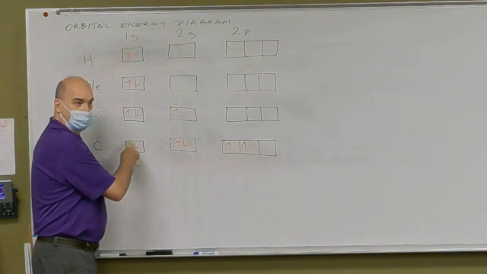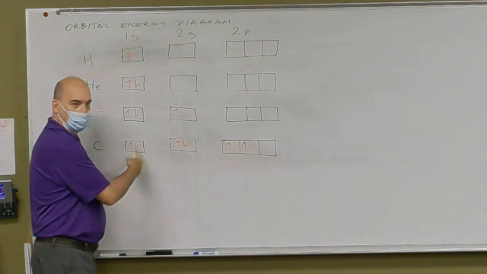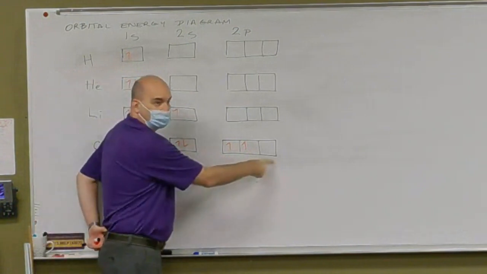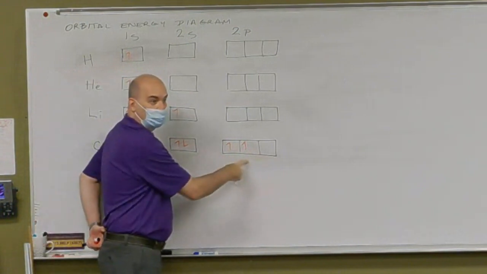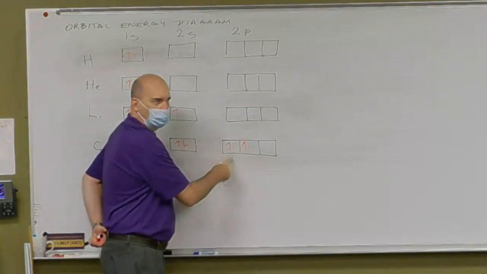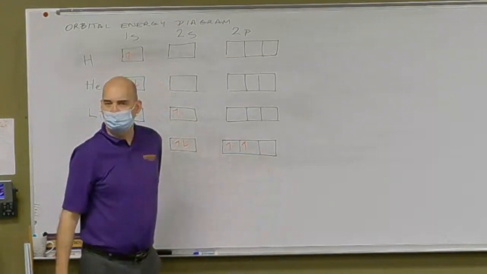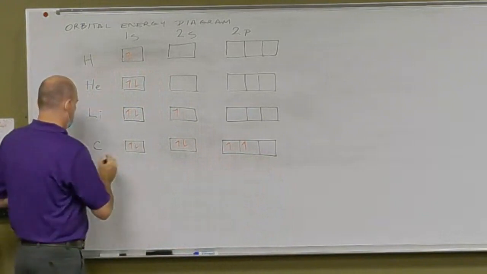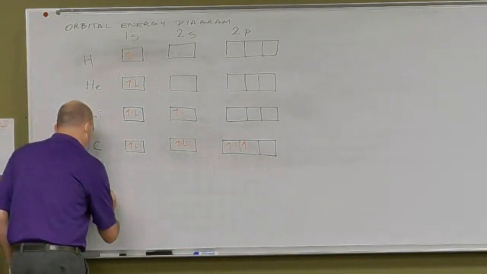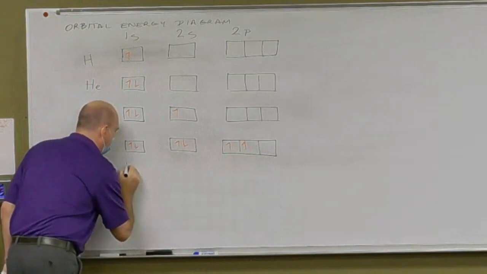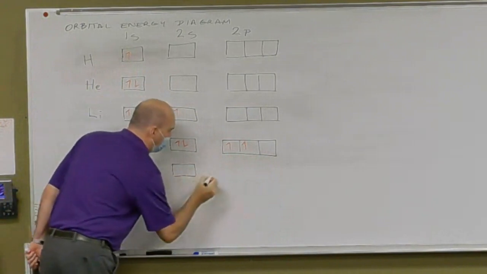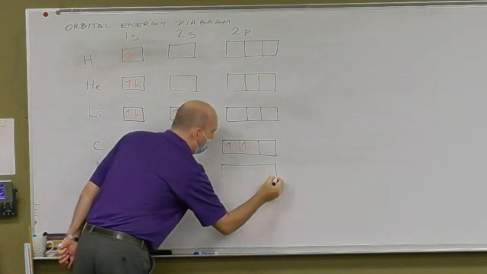Pauli's exclusion principle, pair them up, one up, one down. Hund's rule, if these orbitals are grouped together, put them into empty boxes. Put them into the empty boxes before pairing them up.